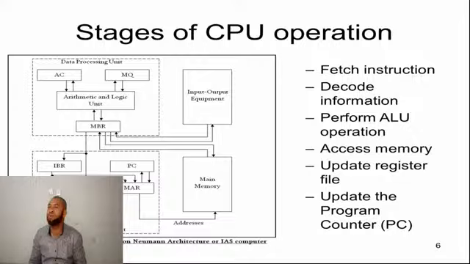A human-made language could be, how do you find the area of a circle? You say, let A be equal to pi r squared, and get the value for pi, get the value for r, multiply together. All this I'm saying is human language.